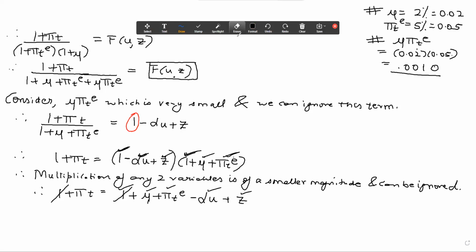Okay. So moving forward, we get pi t is equal to pi te minus alpha u plus mu plus z. This is the equation of the Phillips curve.